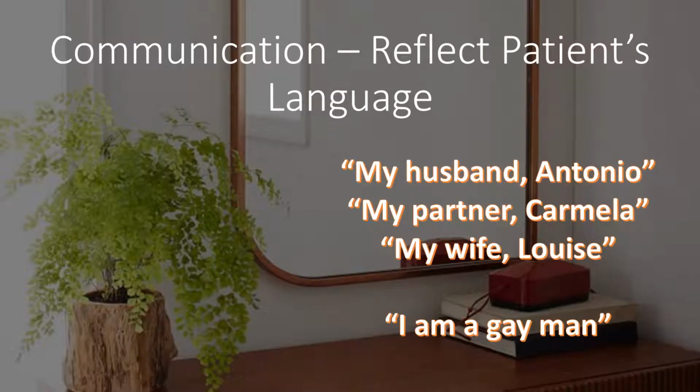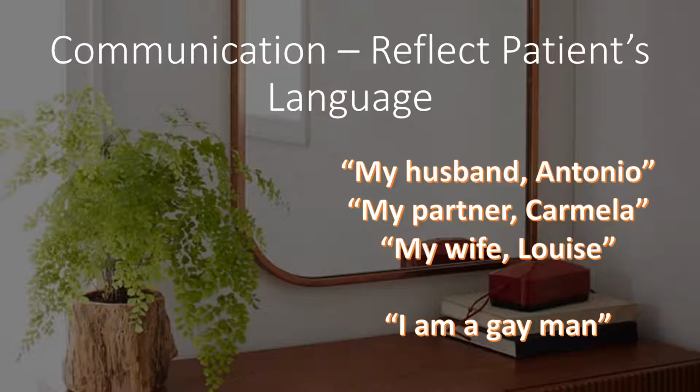One easy communication approach that we can use to help LGBT patients feel more welcome, make them feel safe when they are in a healthcare setting, is to simply reflect the patient's language. Meaning, using the terms that the patient uses to describe themselves and to describe their partners, to describe their family units, just mimic or mirror their language.